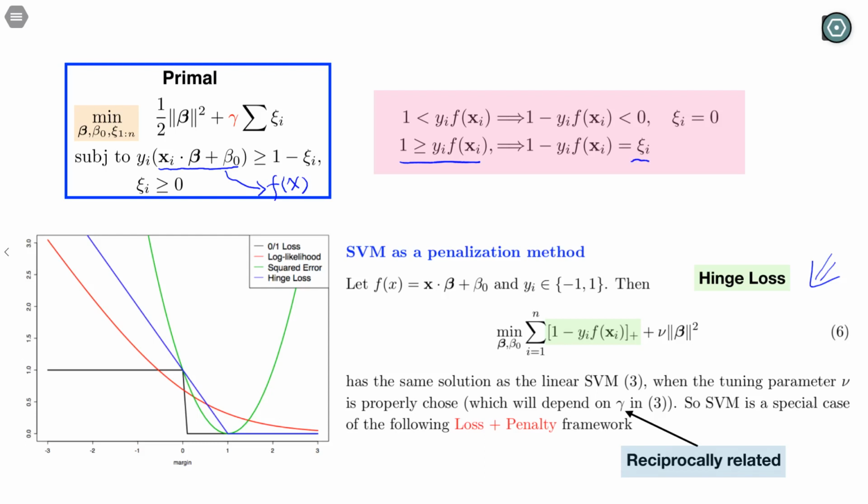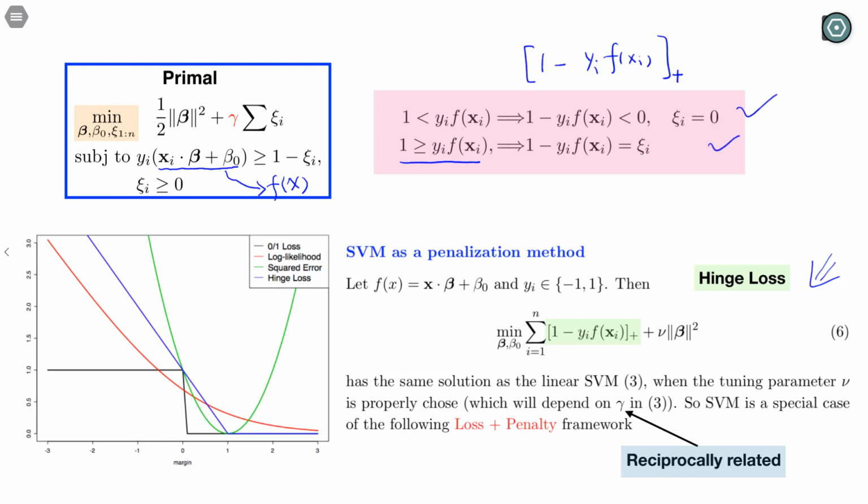So if we put them together, xi is basically 1 minus yi f(xi), and we take only the positive part, meaning this expression is 0 if this difference is negative, which is case 1. Otherwise, it's just the difference, which is case 2.